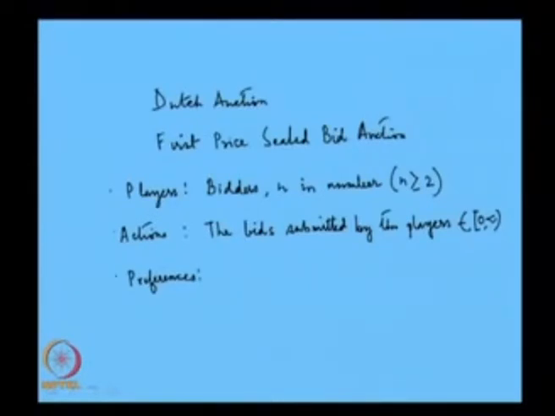And finally, the preferences of the players. Here a difference will come compared to the second price auction. When a person gets the commodity, his payoff is given by his valuation for the commodity minus Bi.